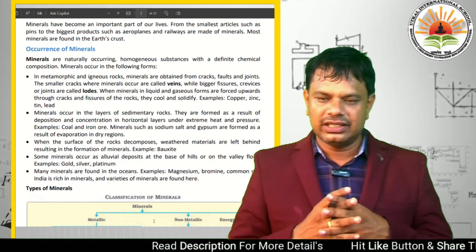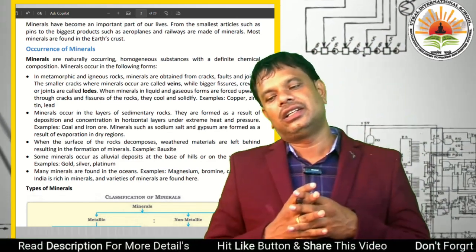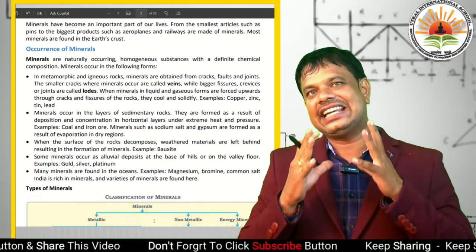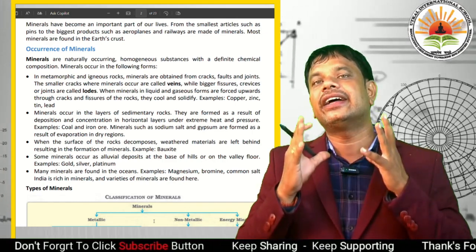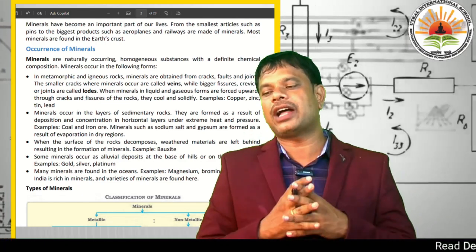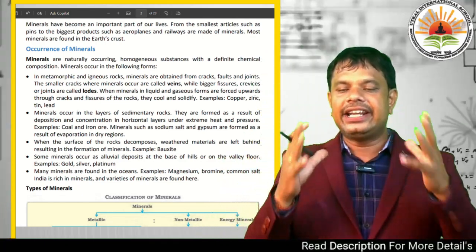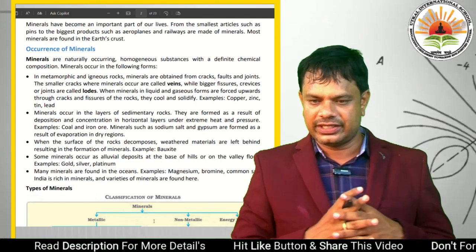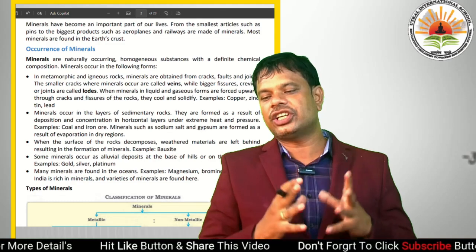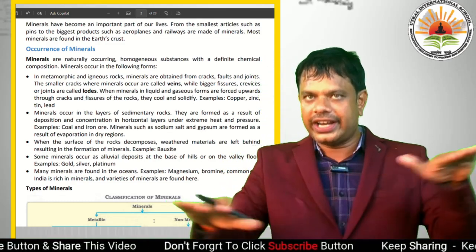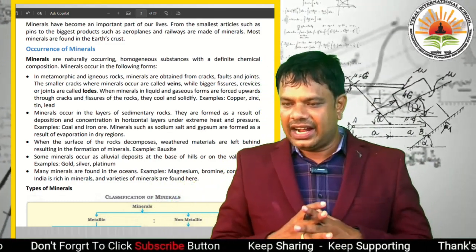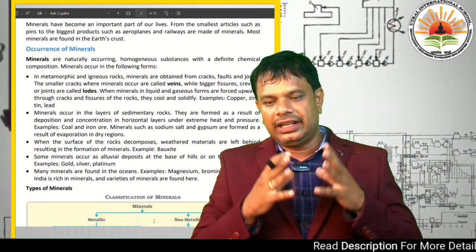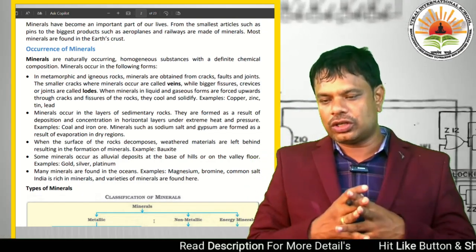Dear students, minerals also occur in the layers of sedimentary rocks. They are formed as a result of deposition over a long time in one place, and concentration in horizontal layers, under extreme heat and pressure. Examples: coal and iron ore.